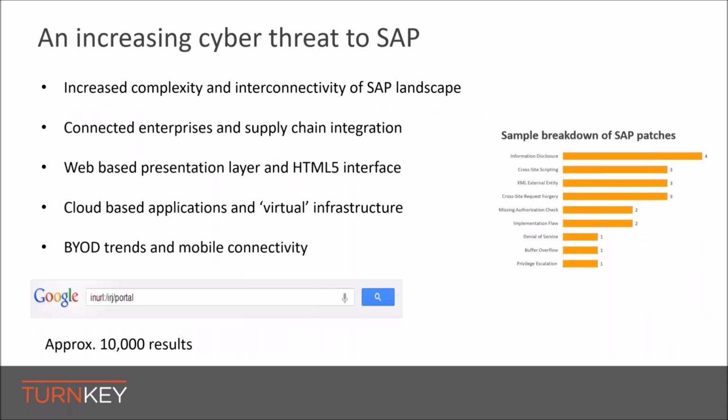And specifically in the SAP environment, we're also seeing reasons why that is an increased threat to SAP. There are a number of factors within the way that things have changed in SAP that are increasing that risk at the moment. We're seeing an increased complexity and interconnectivity of the SAP landscape.